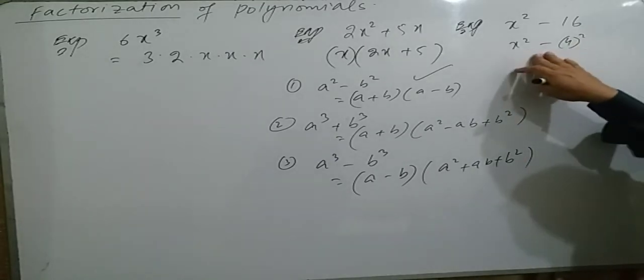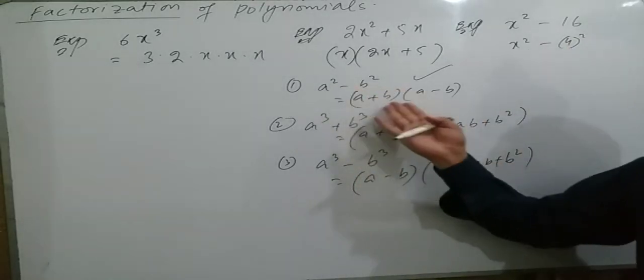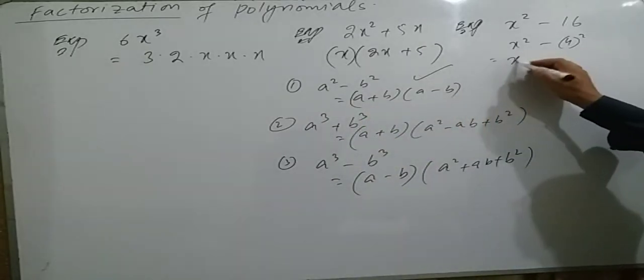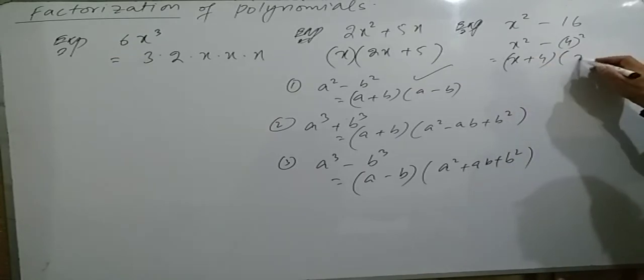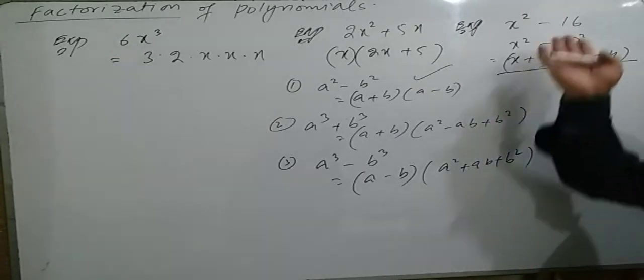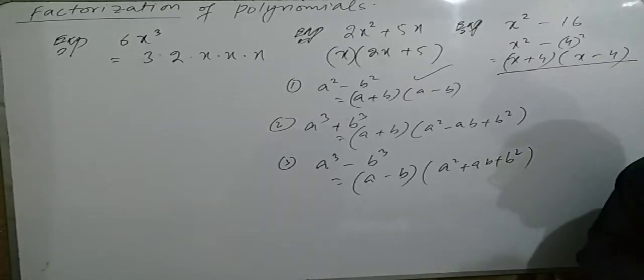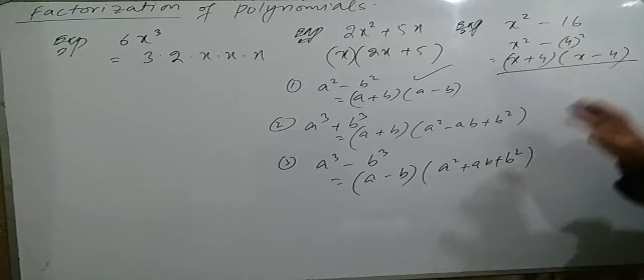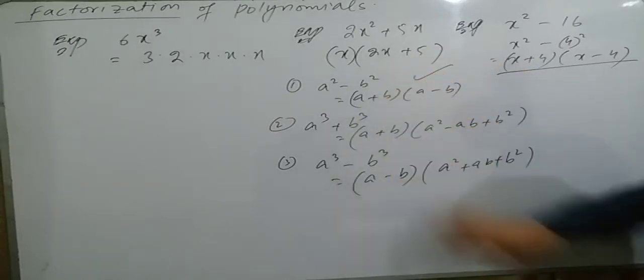Now it looks like a^2 - b^2 = (a + b)(a - b). So we can write (x + 4)(x - 4). This is the factorized form of this expression. In case we have a two-term expression and need to do factorization, and there isn't any common element, you should try to apply these three formulas.